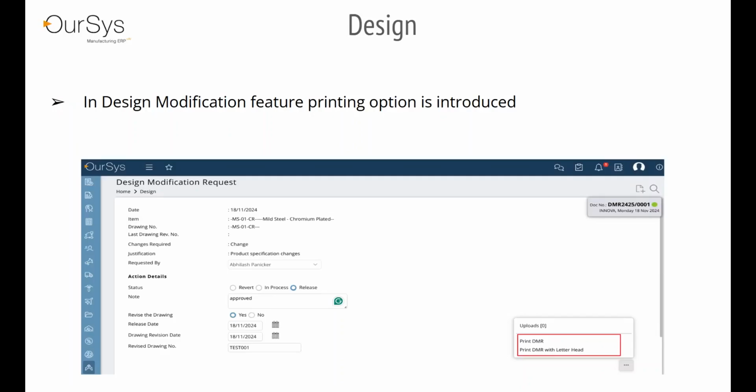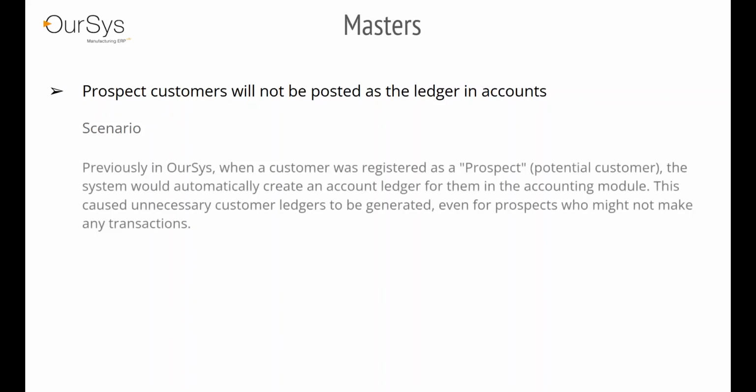Prospect customers will not be posted as a ledger in the accounts. Previously, if you created a customer in the master, the system would directly create an accounting ledger for it. Since we have not made any transaction, it should not be reflected in our financial books.